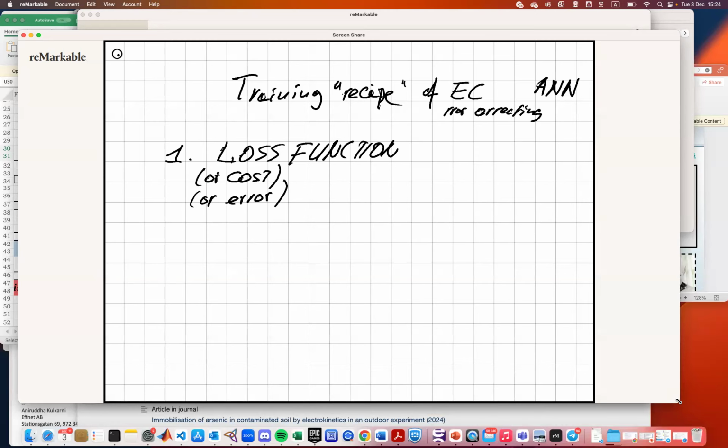So we need to assess the current outcome of our model against the desired outcome. And moreover, it's not any function whatsoever, but it should be differentiable. Why do we need it differentiable?